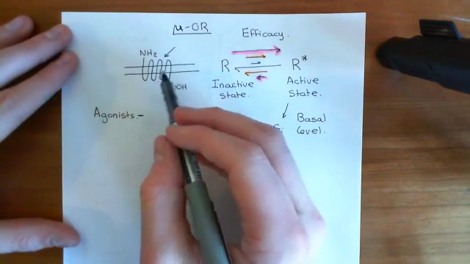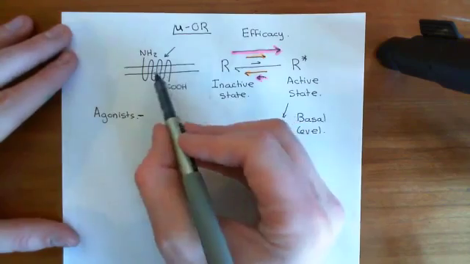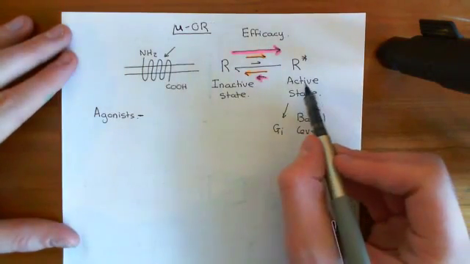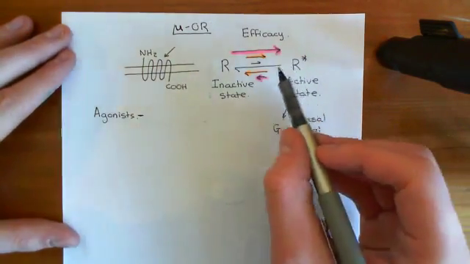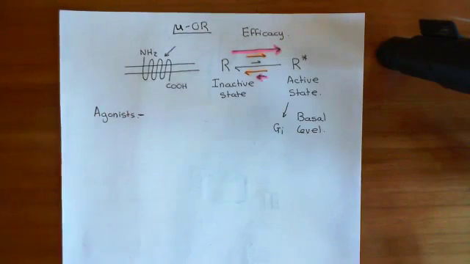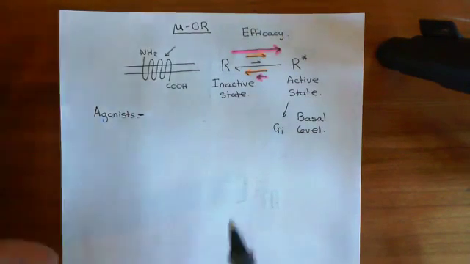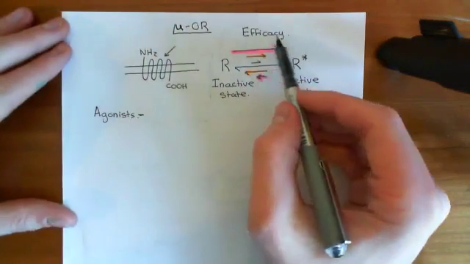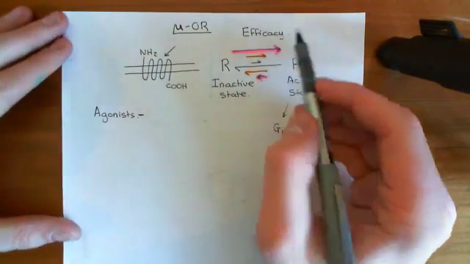Now, even when the ligand is bound, some of them will be in the inactive state and some of them will be in the active state. Now, what fraction of them will be in the active state and what fraction of them will be in the inactive state, that is to do with the efficacy, basically, of the drug.